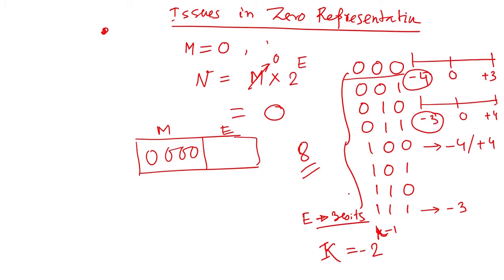So the highest negative number, capital K, is equal to 2 to the power k minus 1 plus 1.